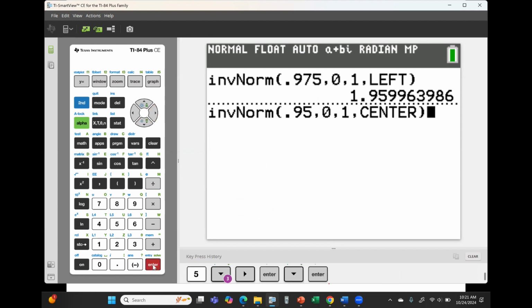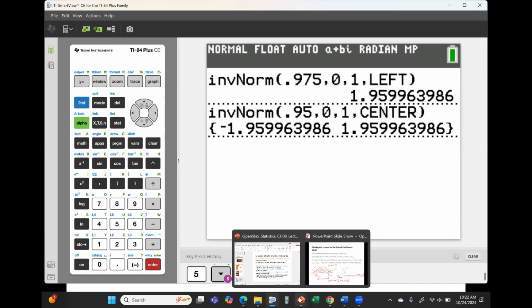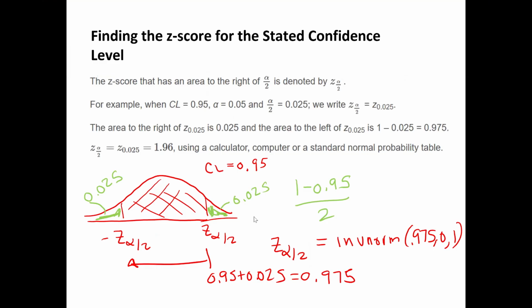It had better be the same answer. And you'll notice that when you say center, it gives you the negative, z sub alpha over 2, and it gives you the positive. So between negative 1.96 and 1.96 is 95% of all the data. That's how I calculate a Z for a particular confidence level.